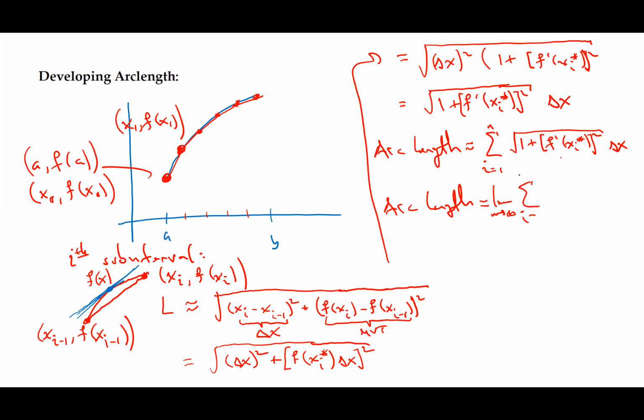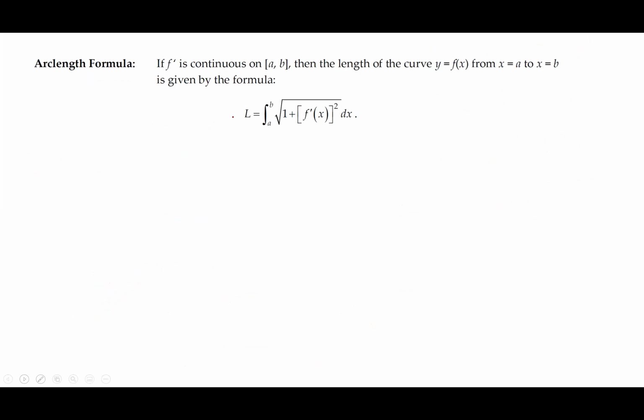Sum i equals 1 to n, delta x. And gosh, doesn't that look familiar? Sure does. It's this right here.